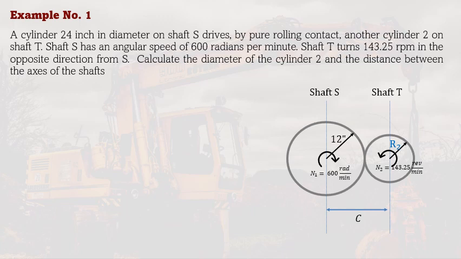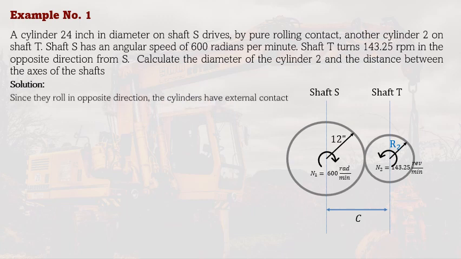We do not know the exact rotation, but assuming that they rotate in this direction here, which is opposite each other, we can also see that we can find the relationships based on this figure. So since they roll in opposite directions, the cylinders have external contact. Then we can use the relationship N1 over N2 is equal to R2 over R1, wherein the angular speed is just the inverse of the radius or the diameter of the cylinders.